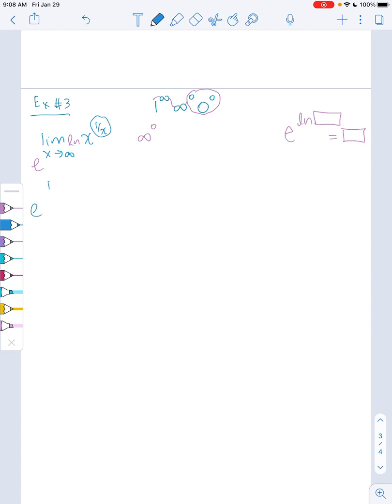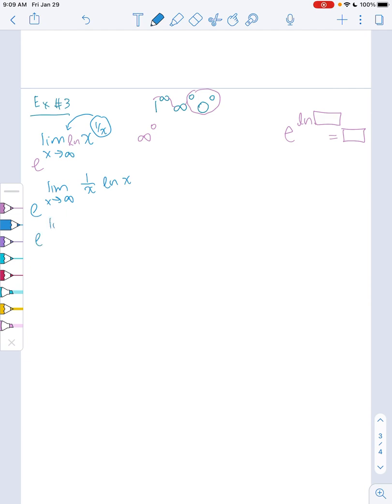I like having the e there just to remind myself that at the very end I have to think about that. Right now we're just considering the limit part of the problem first and ignoring the e. So we bring the 1 over x down in front of the ln. Okay, and so we have 1 over x times ln of x, which is pretty close to being a fraction.